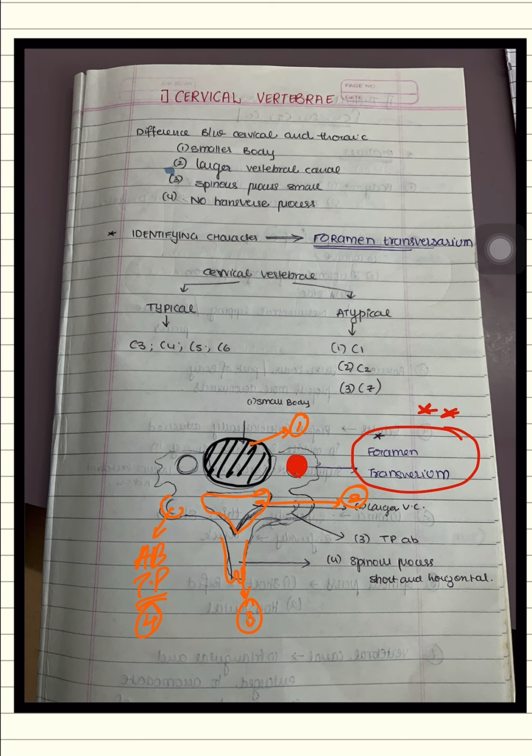Then the cervical vertebra is divided into typical and atypical. The typical cervical vertebra has C3, C4, C5 and C6, and the atypical is C1, C2 and C7. So today we are going to learn about the typical cervical vertebra.